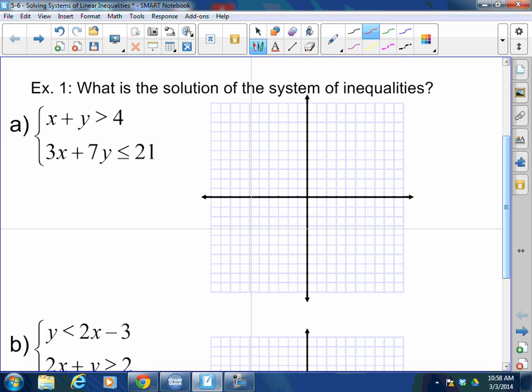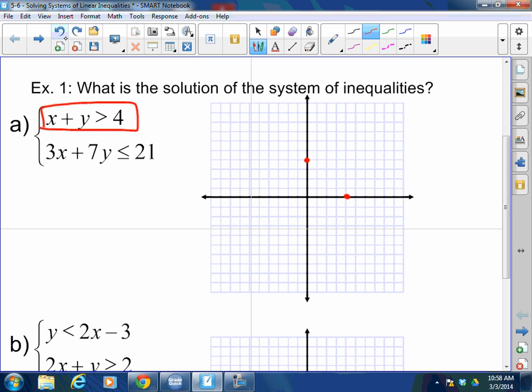So what's the x-intercept for this first one? 4, 0. What's the y-intercept? 0, 4. What's the slope here? Down 4 over 4.